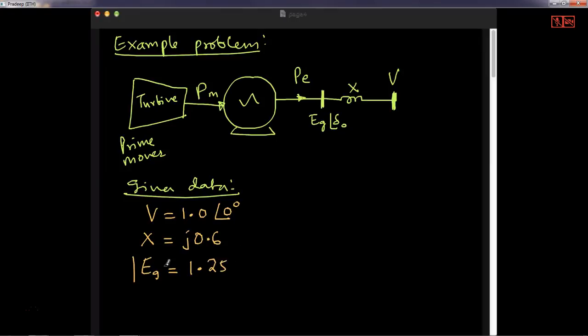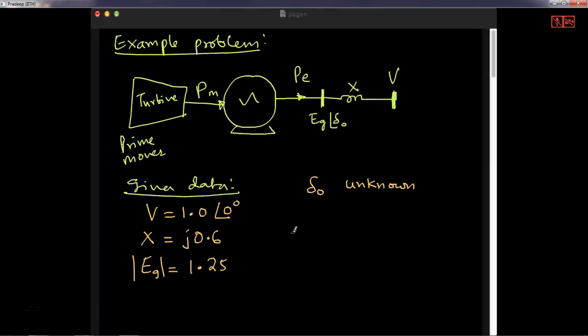So I am only giving the magnitude, delta value I am not giving. So magnitude of EG is this one. Delta naught unknown.